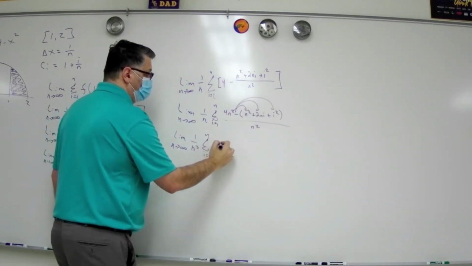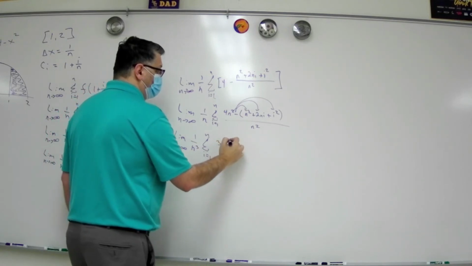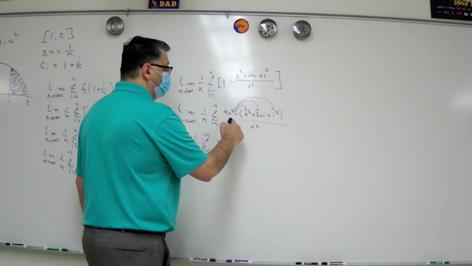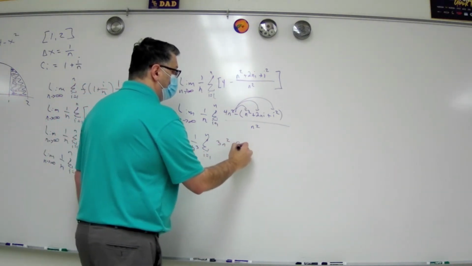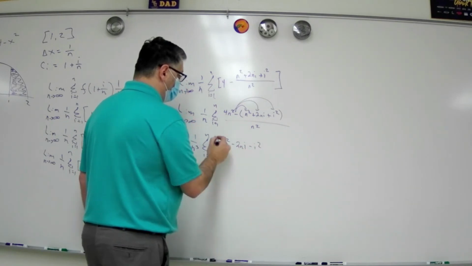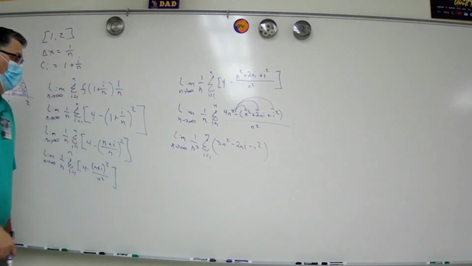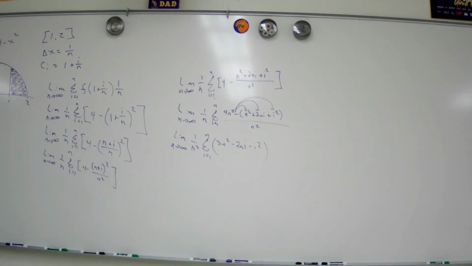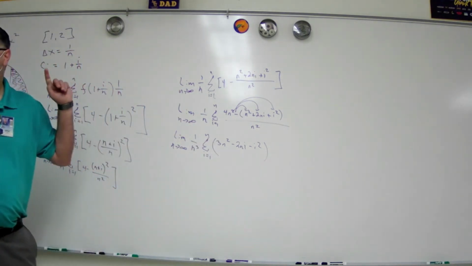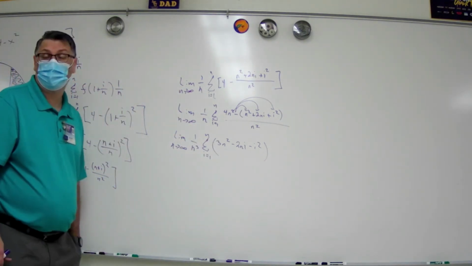So I have 3n squared, minus 2ni minus i squared. Can I pull anything out yet? No. Do not pull this 3n squared out. At this point, I need to break my sigma up.